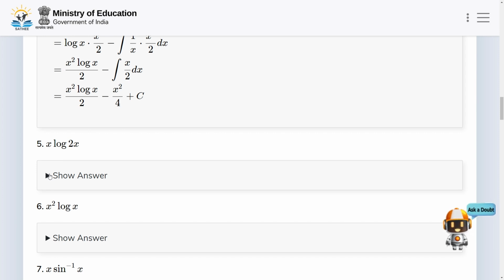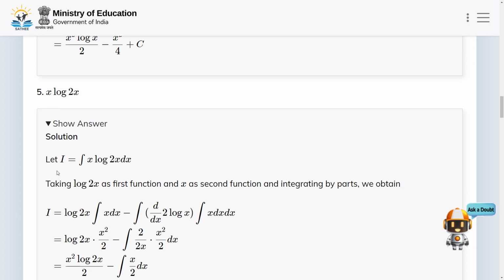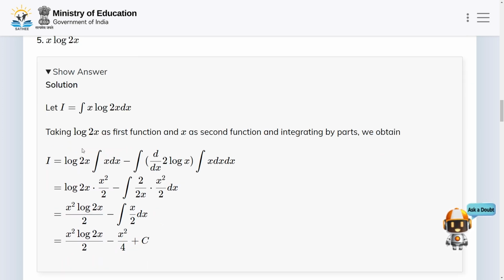Now the fifth problem says x log 2x. So what will be your integration? Quite simple, use by parts. Take log 2x as your first function and x as your second function.